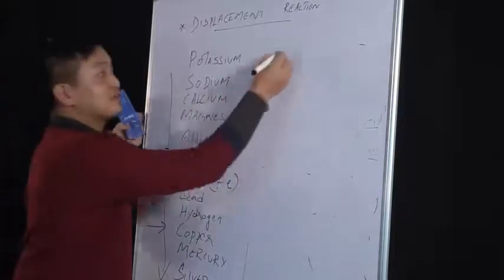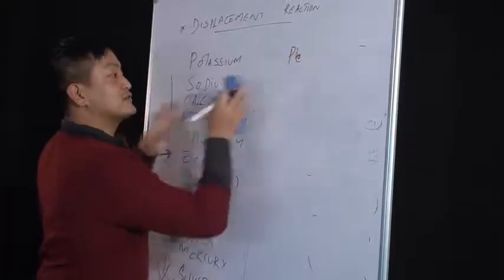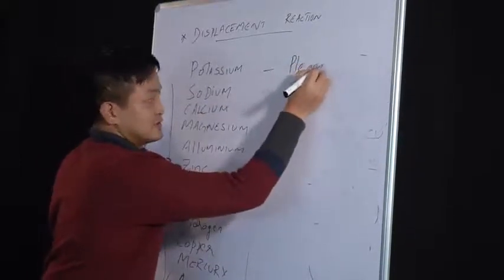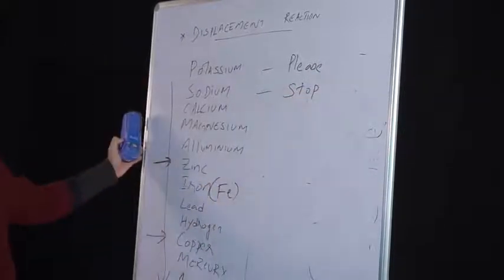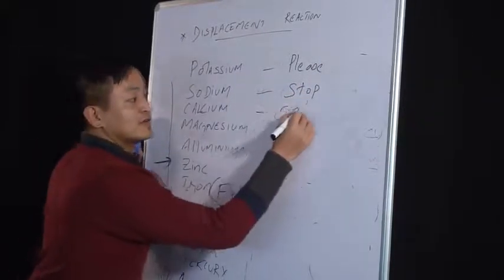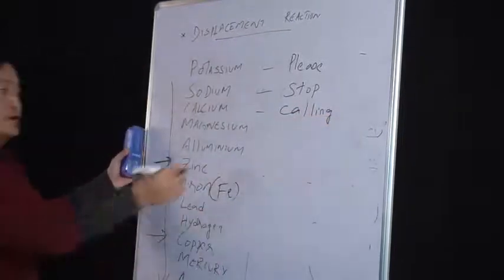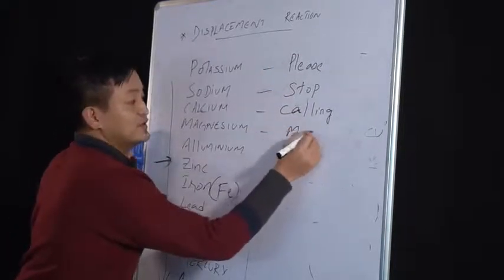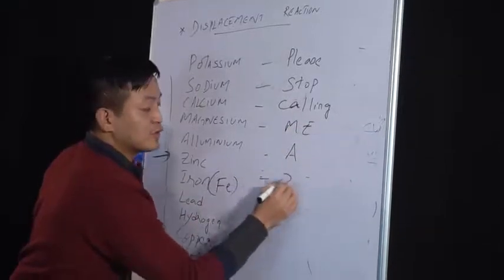Now we all know P is potassium, so I'll give you this sentence. Please, okay. P for potassium, so please. Stop, that means sodium for stop. Calling. C is calcium. So now please stop calling me a zero.